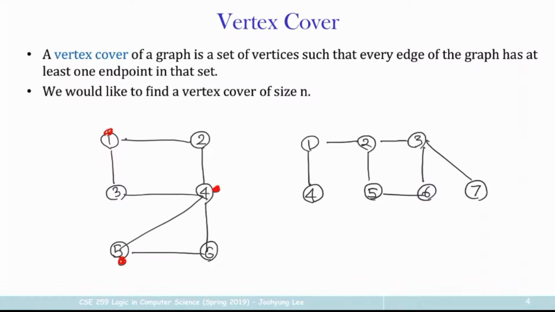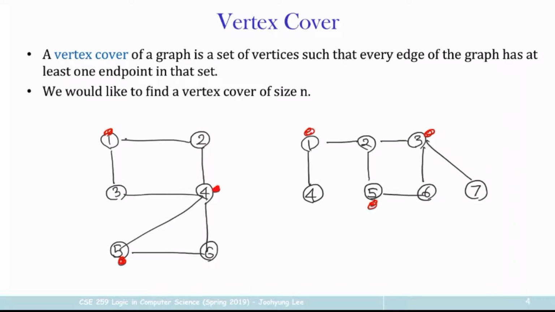Okay, can you give one? 1, 5, and 3. Okay, so let's check this. So we have to check for every edge. This edge is covered. This edge is covered because of this. This edge is covered. This edge is covered. This edge is covered.